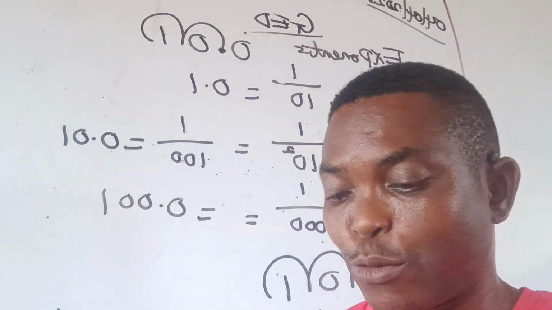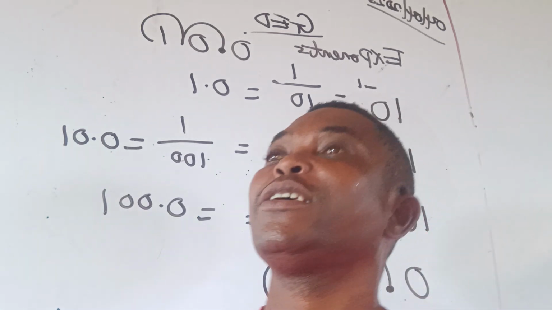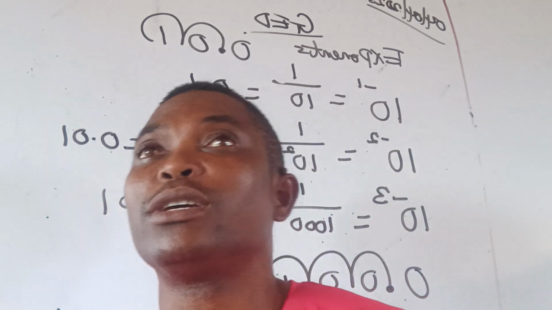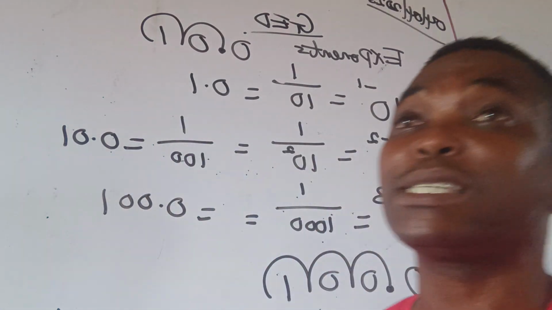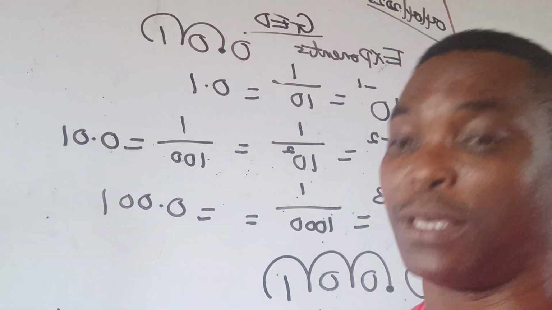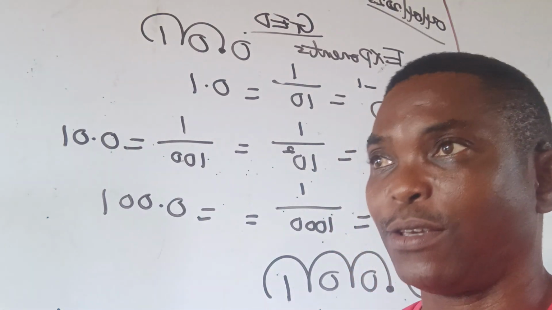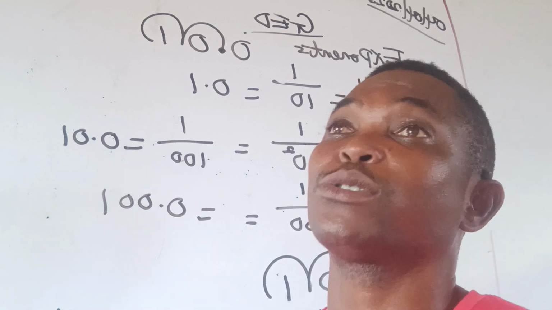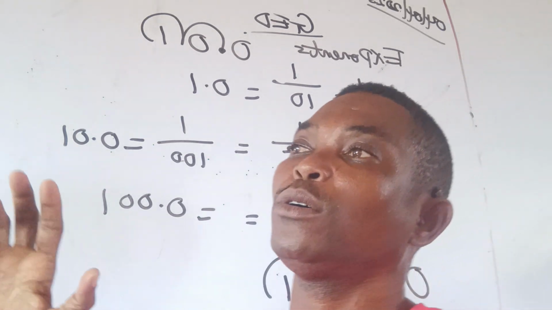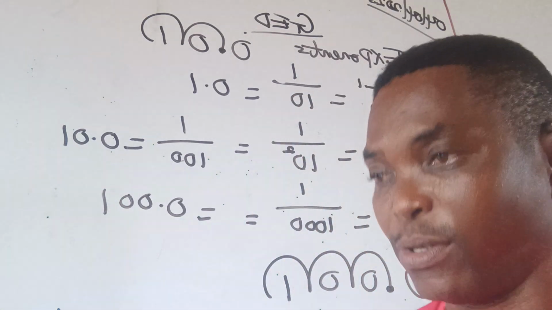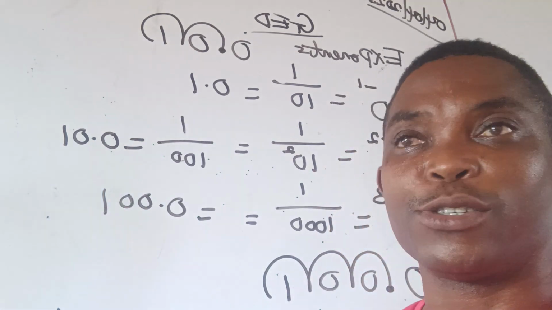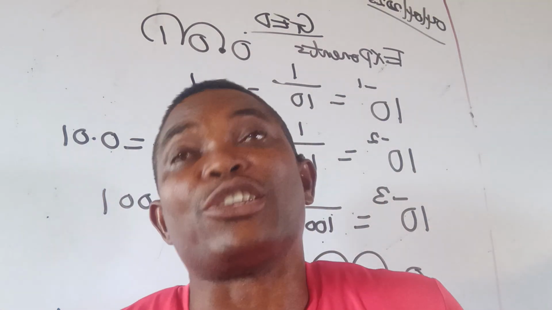Then scientific notation. If I now begin to write 10 million, or I want to write 1 billion, then I must leave it in standard form to make it easier for me. You cannot begin to write 9 zeros or 12 zeros in zillions, in trillions. So the numbers will be too large.